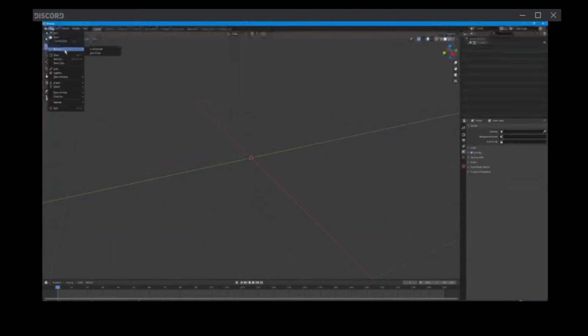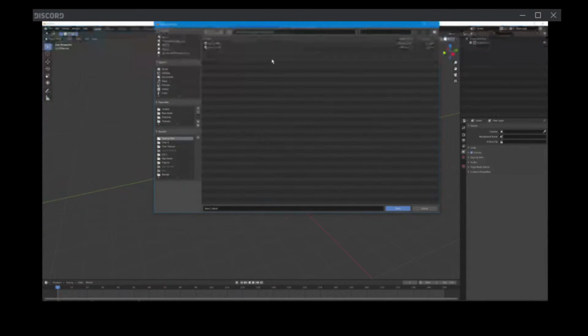Now I'm just going to find where my save is. You know what, rather than do that and search for the file, I'm just going to open up the actual scene that I used to make the video with.